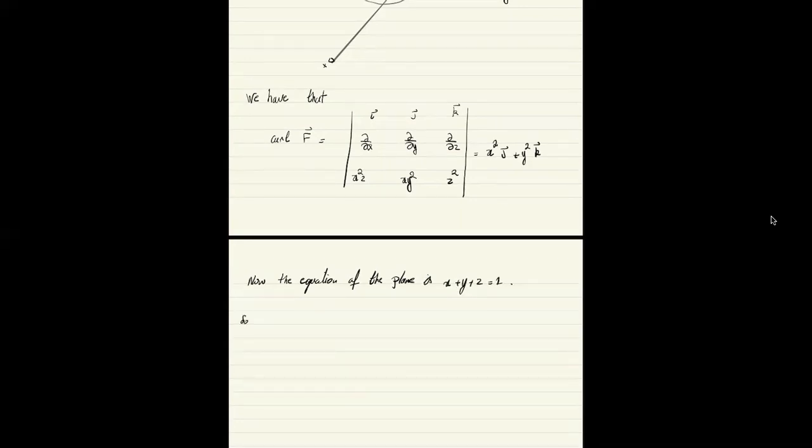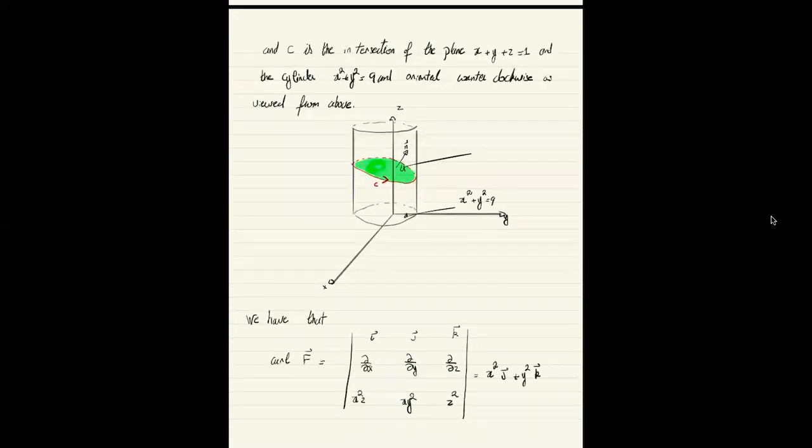So the normal, but here just be careful because you need to choose the right one. The orientation needs to be outward here so that when you see it from above, it's going to give you the positive, counterclockwise orientation, right?